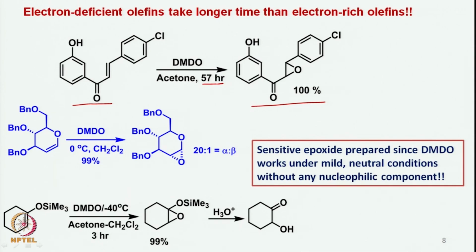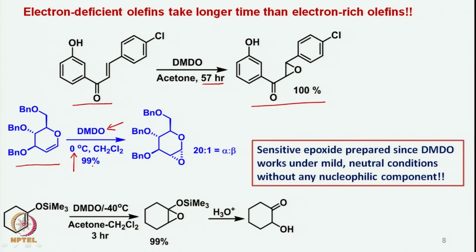So it does not really matter about the time, because at least the product is not an unstable molecule, given its hydrolytic stability, and as you can see the yield is 100%. Now one can also use quite sensitive substrates such as this sugar derived olefin, which can react with the DMDO at 0 degrees centigrade in dichloromethane.